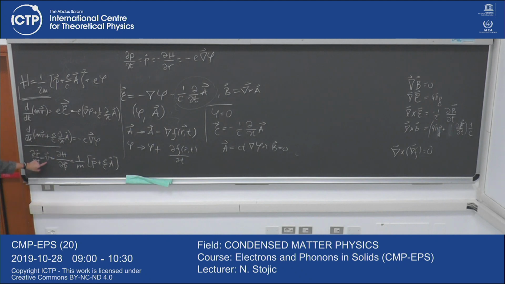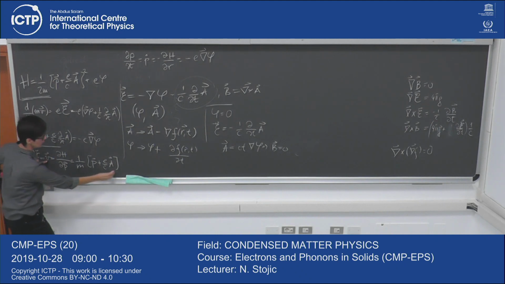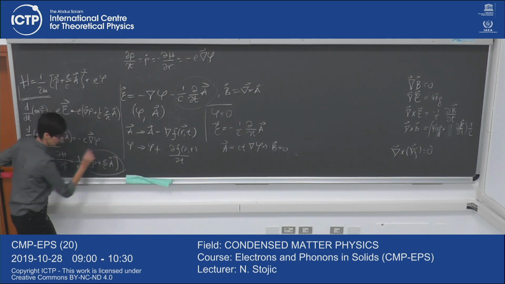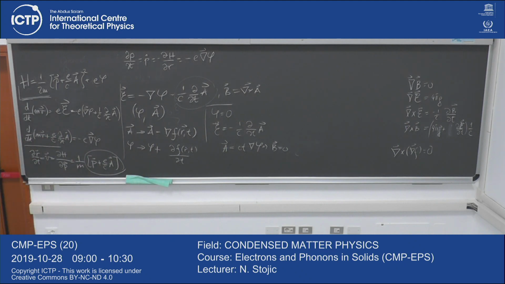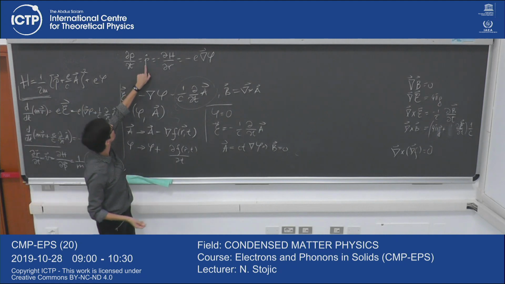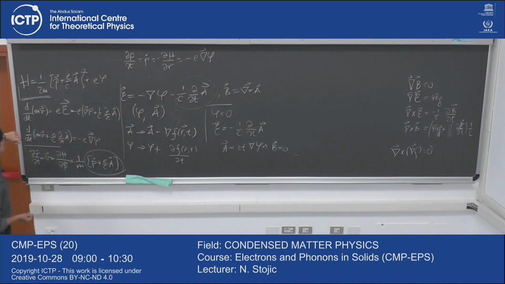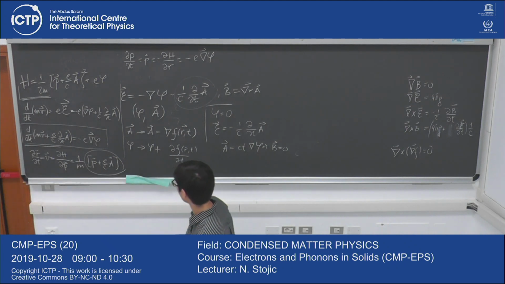So I'm indeed getting velocity, momentum to be equal to this, which is my starting point, which we knew that I'm assuming it here. But also I'm getting that the time derivative of momentum, which is this, is equal just the same. So it is completely consistent within this simple approach of writing it classically.